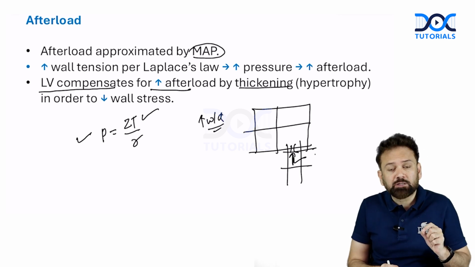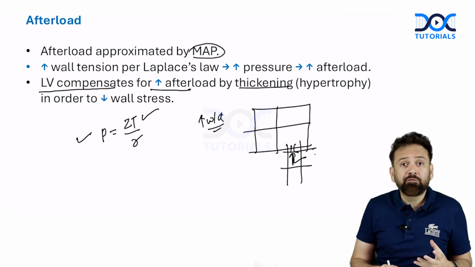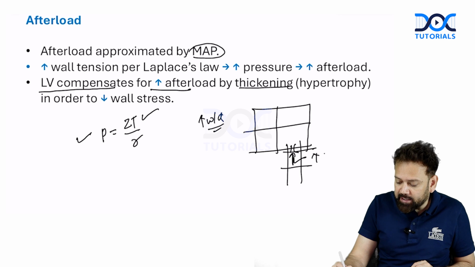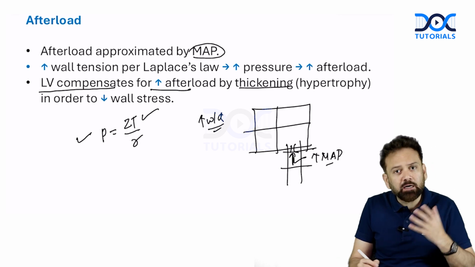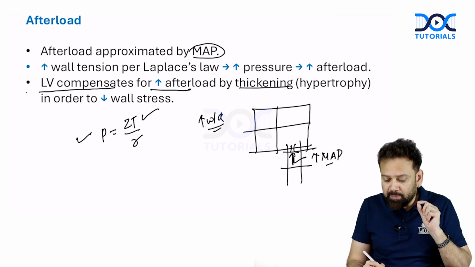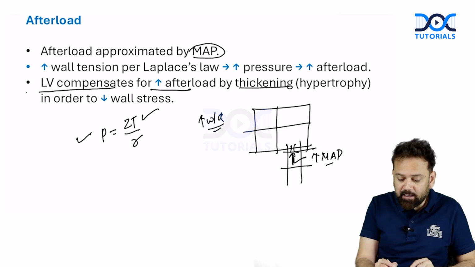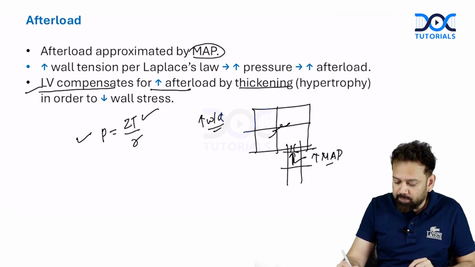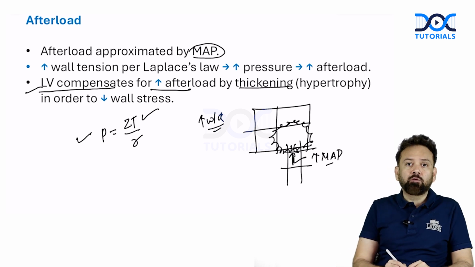This has also been asked. During hypertension, why do we have left ventricular hypertrophy? The reason is that whenever there is an increase in the mean arterial pressure, or due to any other condition, the left ventricle has to compensate for increased afterload by thickening. So there will be an increase in the wall of what? Left ventricle.